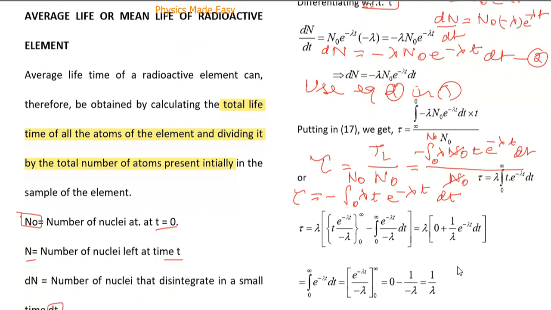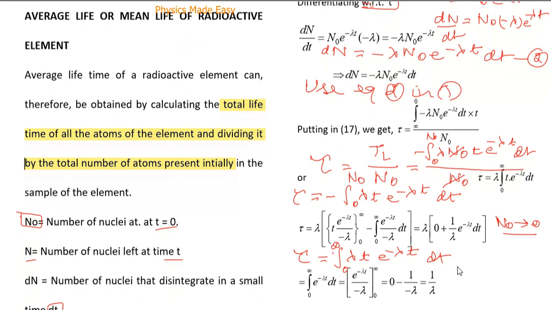Now, we will do some tinkering with this integral. There is no element from N naught to infinity. If we extend the limit from N naught to infinity, it does not make any change or affect it.